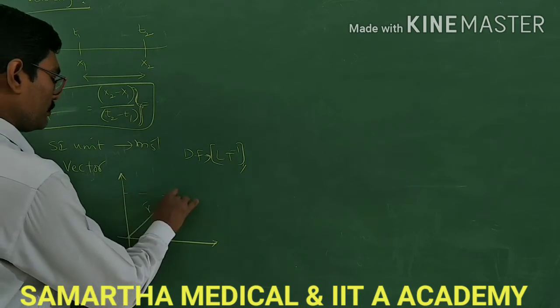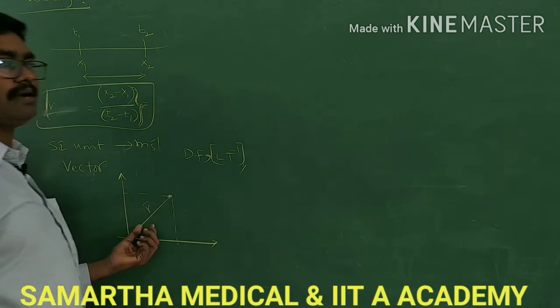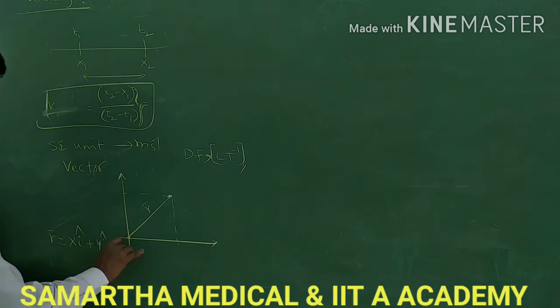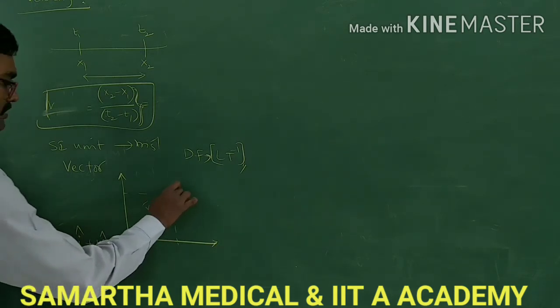If that is in the xy plane, you can write r bar equal to x i cap plus y j cap. If that is in three dimensions, x i plus y j plus z k, from the origin 0 0 0, if this is x, y, z.